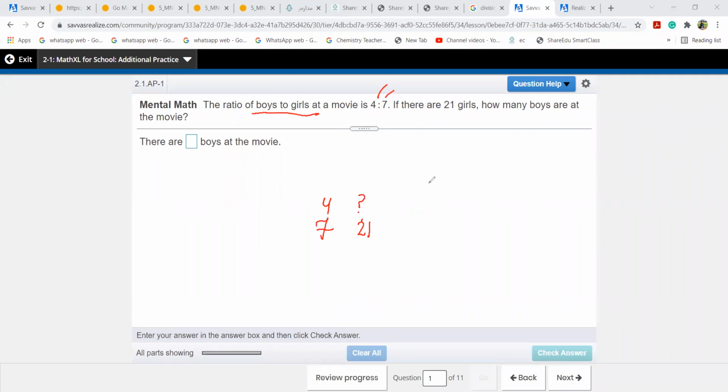So is it 4 divided by 7 or 7 divided by 4? Look here at the question. Why 4? Because you see a question mark here. Be very careful, okay? And then you multiply with 21.